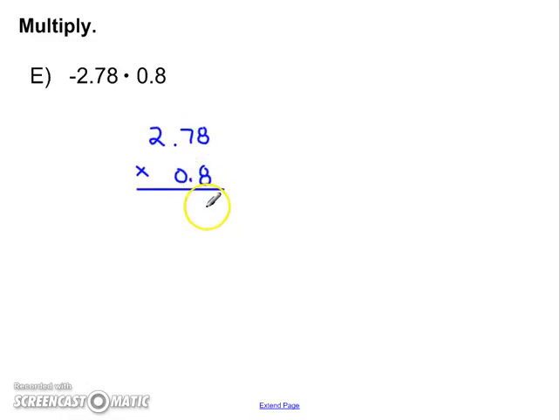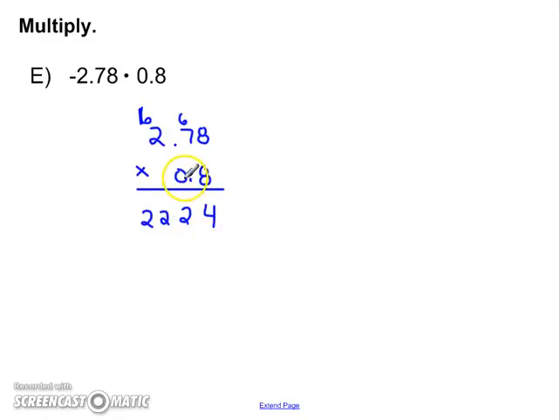But 8 times 8 is 64. 8 times 7 is 56. Plus 6 is 62. Computer's running a little slow this morning. 8 times 2 is 16. Plus 6 is 22.